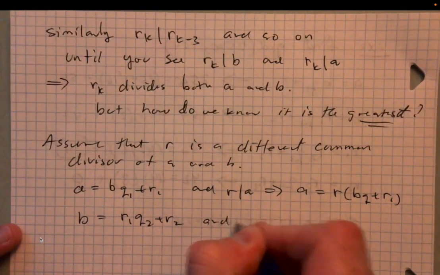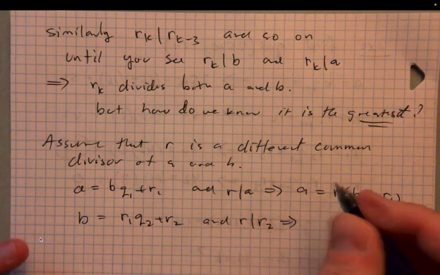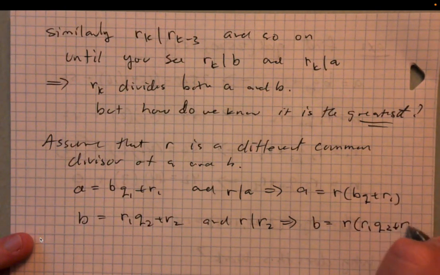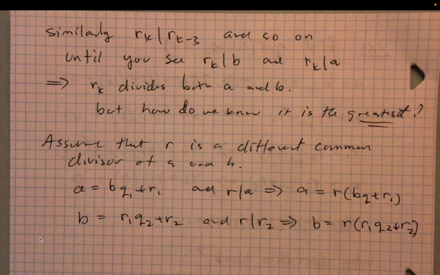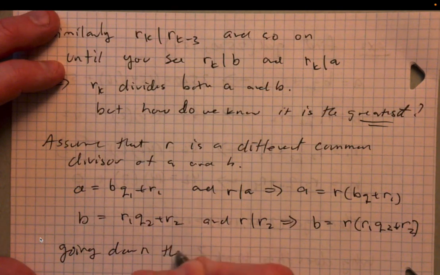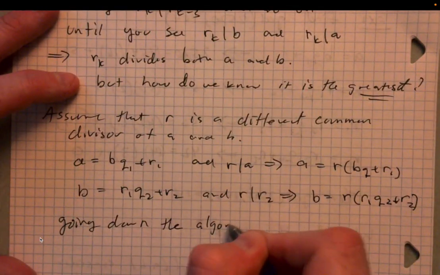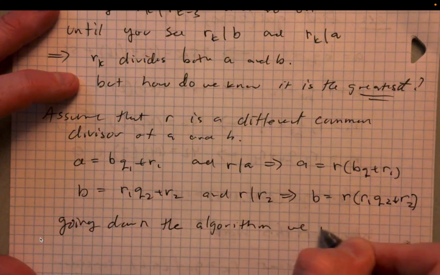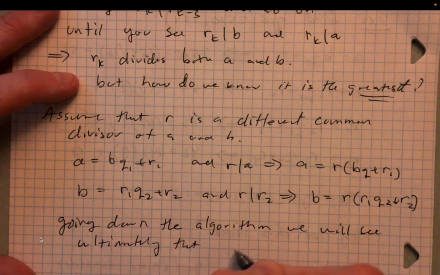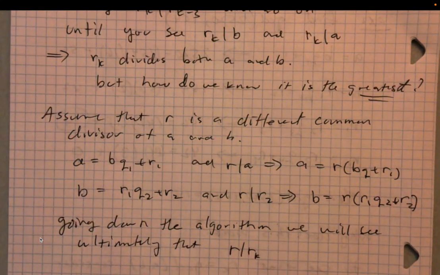And r dividing r2 implies that b is equal to r times r1 q2 plus r2. Okay, so again, we're just substituting this r through from the top down. And then going on like this, we'll see ultimately that r divides rk.